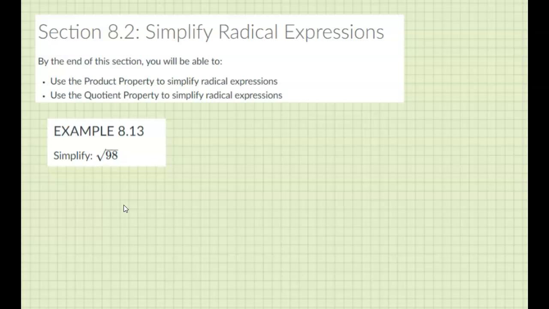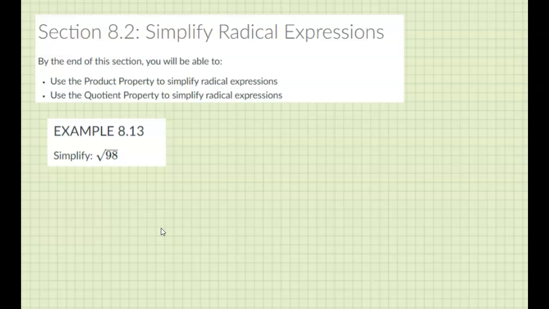We're going to have different factors, and we're going to take out the factors, apply the radicals, the square roots or the cube roots, on the factors that are perfect squares or perfect cubes, and then leave a part inside the radical that can't be simplified anymore.